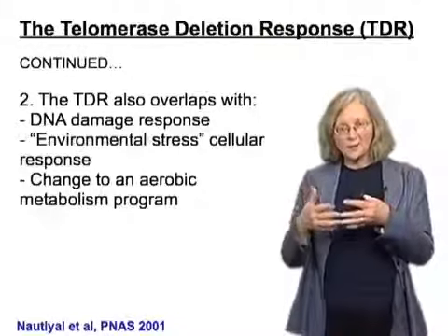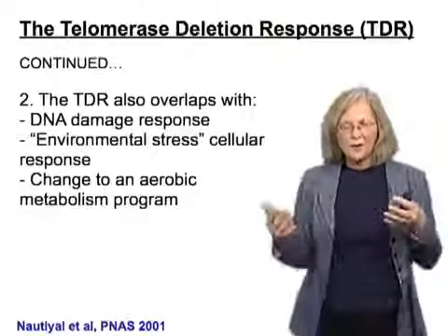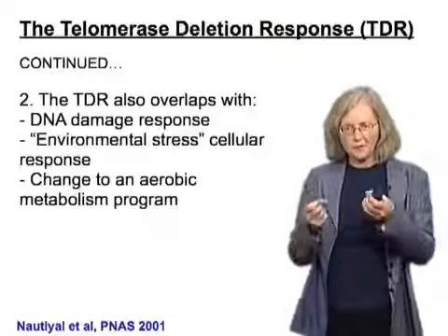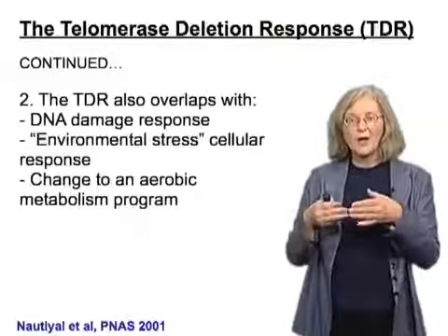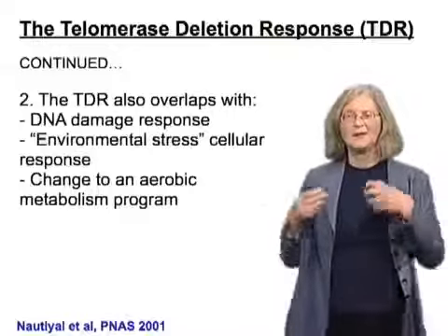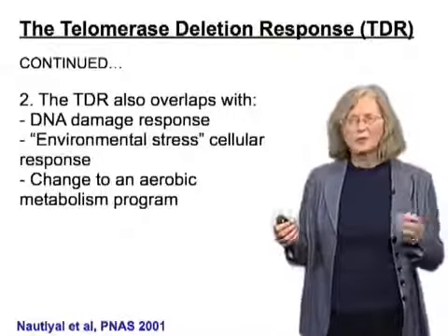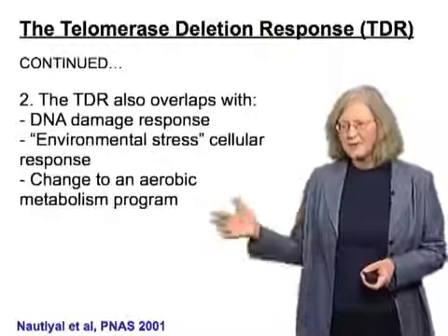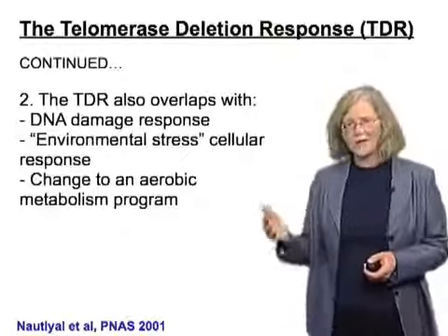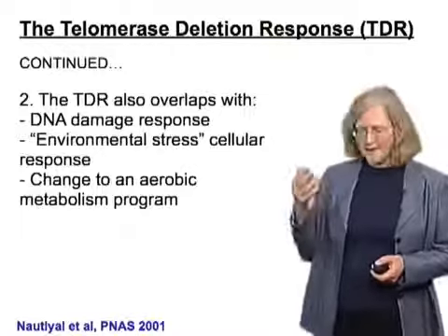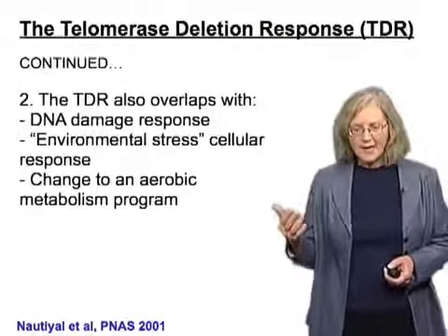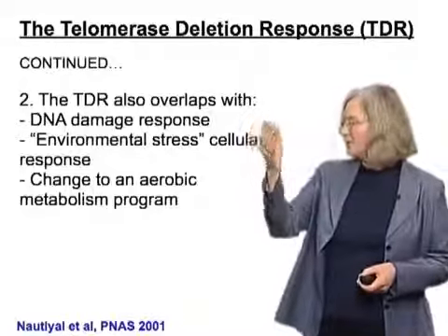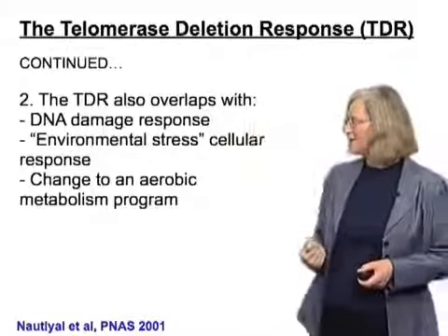And now when they fuse, then chromosomes will get ripped apart as they try to go through the ensuing cell divisions, because the chromosomes with fused telomeres will now have two centromeres that will pull apart in mitosis, breaking the chromosomes at random positions and causing essentially genomic havoc, which can quickly lead to cell death if the cells try to keep dividing. And there's a damage response that takes place when DNA breaks appear, and this is what we see. So this makes very good sense. At senescence, we see a damage response.